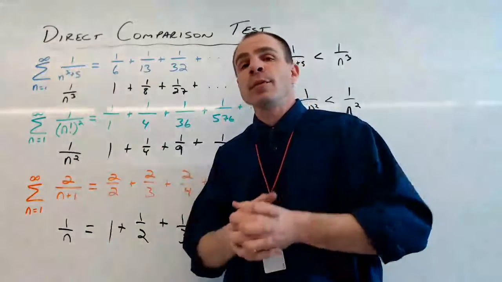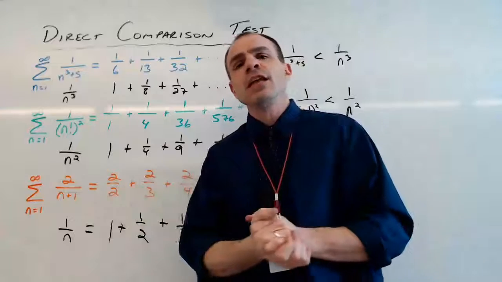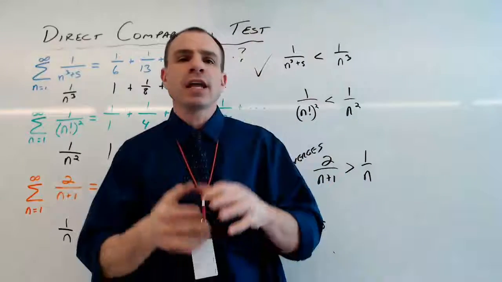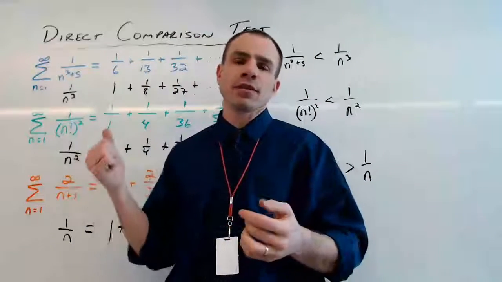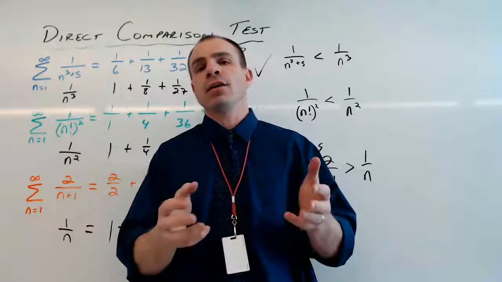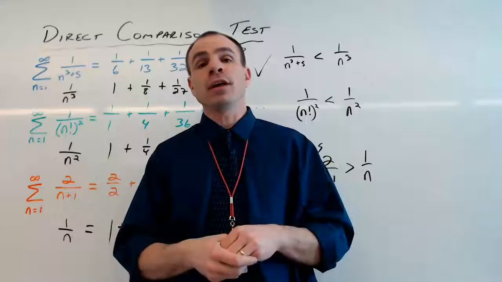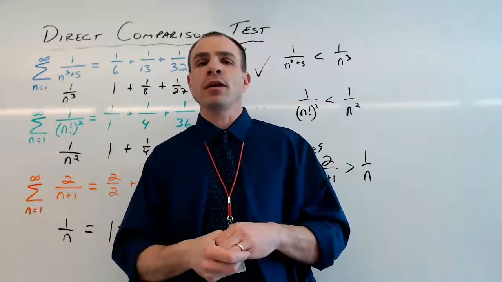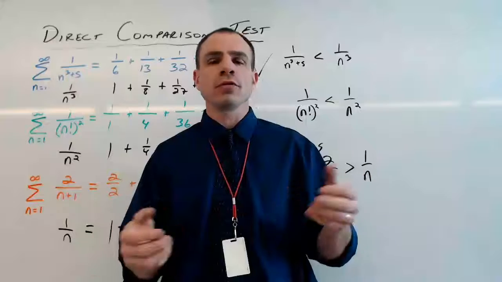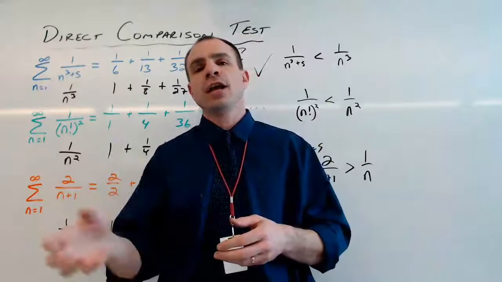The other situation where it may come up, quite often on the exam, at least in recent years, is that they've been throwing in the direct comparison test and its definition, what I had in the previous video. They'll say, here we want to know about a sub n. We know that a sub n is less than b sub n. Which of the following is true? And then it'll say something like, if b sub n converges, then a sub n diverges.